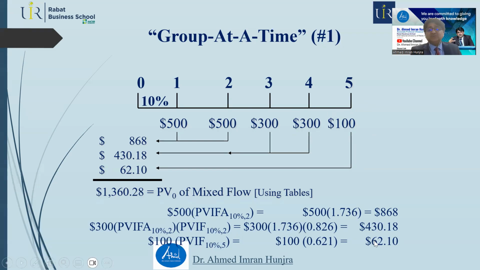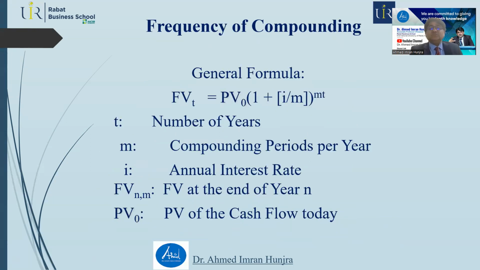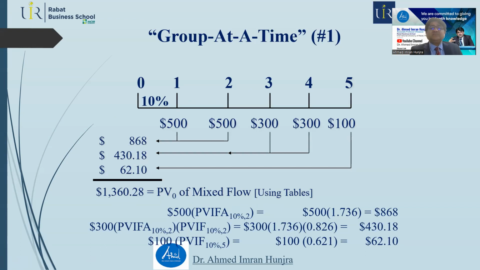So the present value of 100 at 10% at 5 years is $62.62. So this was the method how we can solve different cash flows if we have different payments. So we can solve one piece at a time or a group at a time.